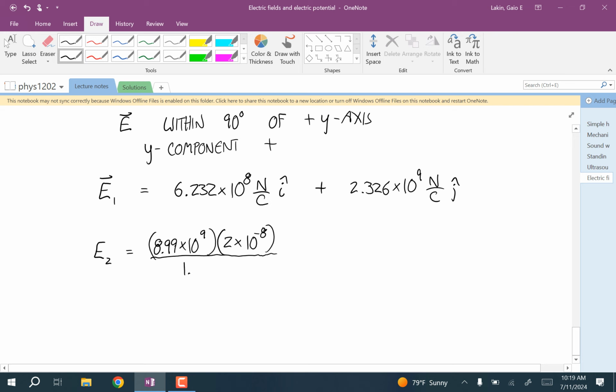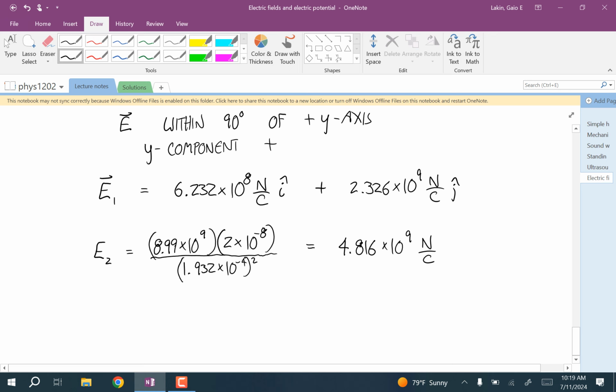So that's 1.932 times 10 to the minus 4th squared. And you get a magnitude of 4.816 times 10 to the 9th newtons per coulomb.